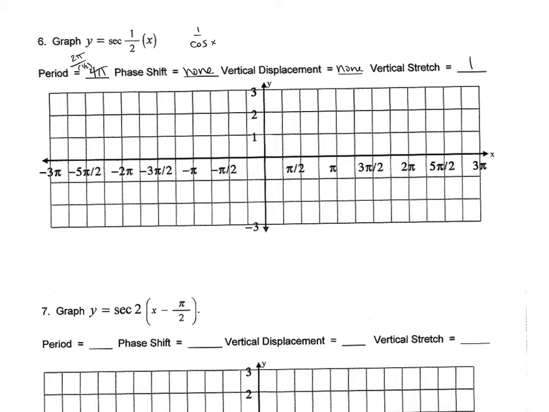Okay, so cosine starts at 1 when x equals 0, but instead of taking 2 pi to cycle through, now it takes 4 pi. So 1/4 of that to go from a maximum to a 0 is now pi, and it takes me another pi to reach my minimum, and then another pi to get back to 0, and I would have another maximum again at 4 pi. All right, and we'll continue that same pattern over here.